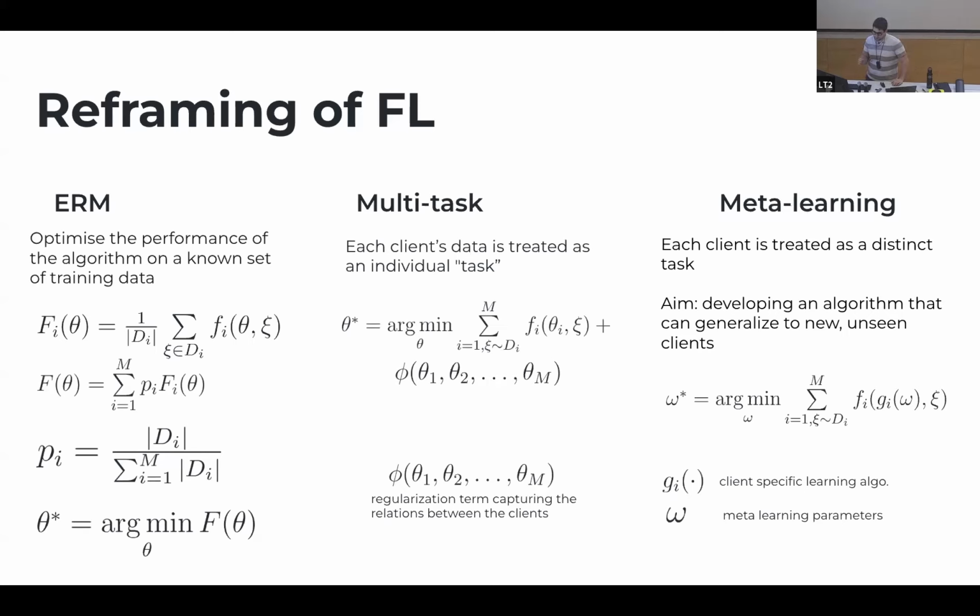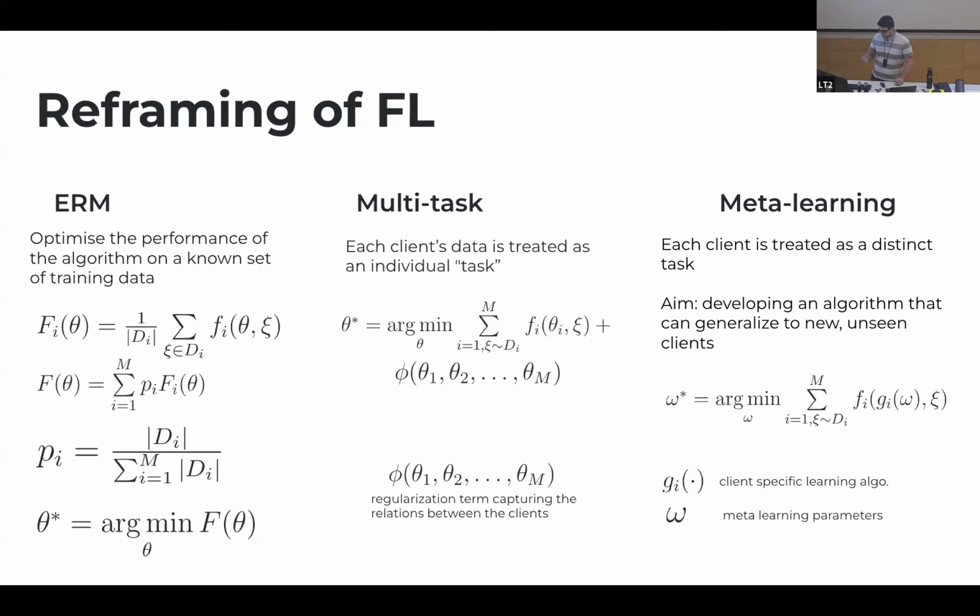So this is small f. This local loss function takes the parameters theta and a sampling of the local data distribution xi. So if we take all of the local losses and we scale them based on the size of the data set, we get our local objective function.